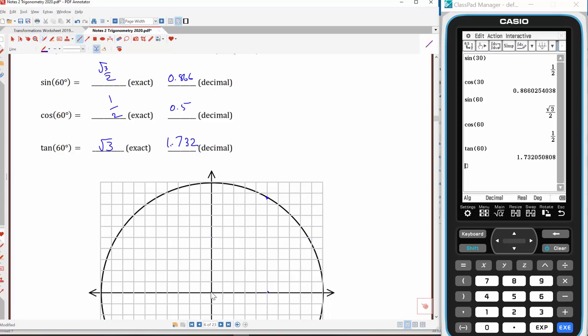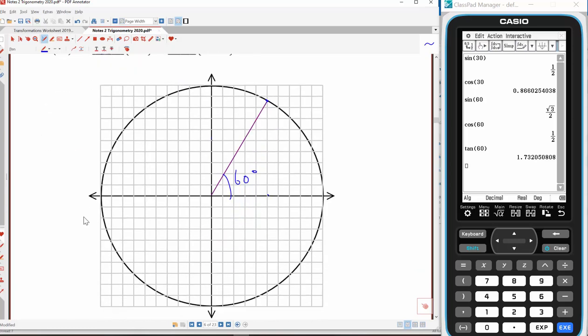Okay, so I'm going to draw in 60 degrees. There's 60 degrees there, and note that the points, this value here and this value here, are what we've worked out. This is the x value here, that was a half, and this was the y value here, that was root 3 on 2.